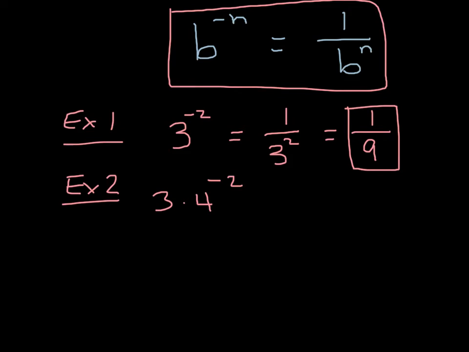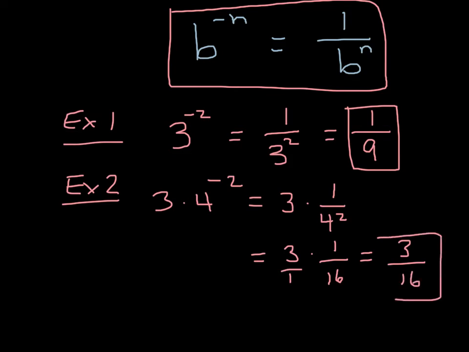So what this really means is 3 times, and we have to raise a 4 to the negative 2 first. Well, 4 to the negative 2 is the same thing as 1 over 4 squared. And then 3 times 1 over 4 squared is just times 1/16. And our final answer is 3 times 1 over 1 times 16, or 3/16.